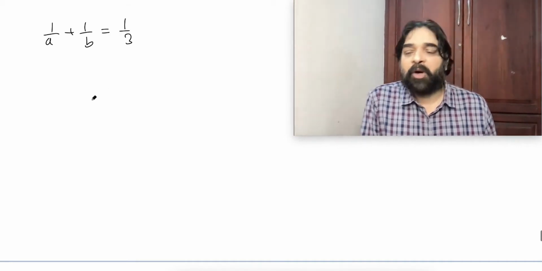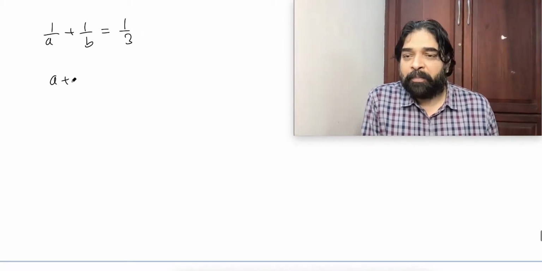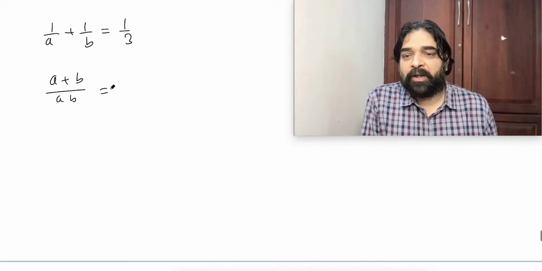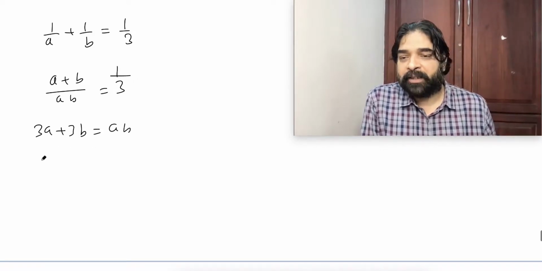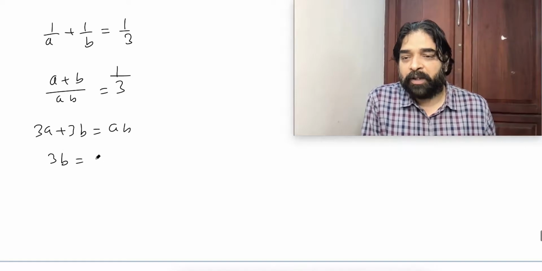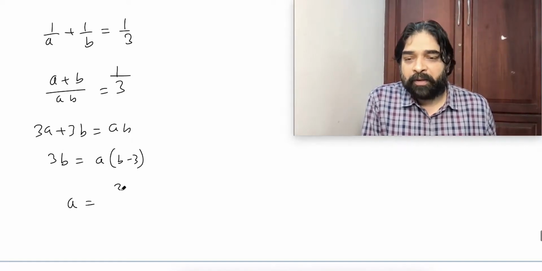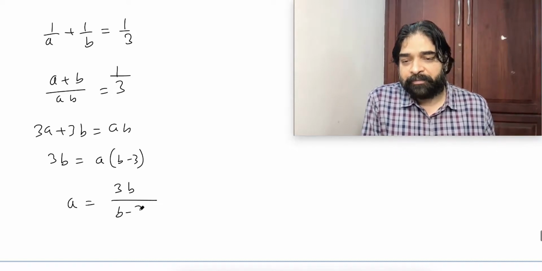Correct? Let's modify it. So what you'll get? a plus b by ab equal to 1 by 3. Or you can say 3a plus 3b will be equal to ab. Shift one side, 3a, shifting this side, 3b is equal to a common, b minus 3. So a equal to 3b by b minus 3.